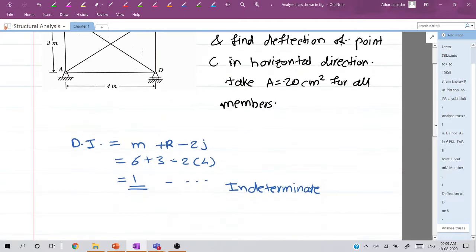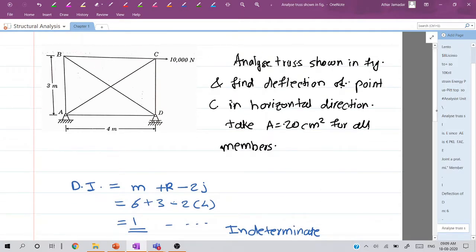In the problem it is asked to find the horizontal deflection at point C. To find it, as per our usual procedure, we first have to find the forces in all members.